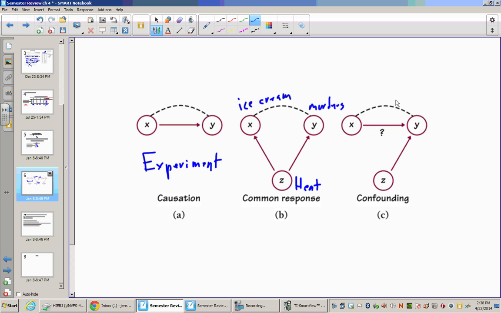Now, I like to think about confounding variables as something like in the classroom. This variable is affecting y, but it's not affecting x. Let's take improved test scores.